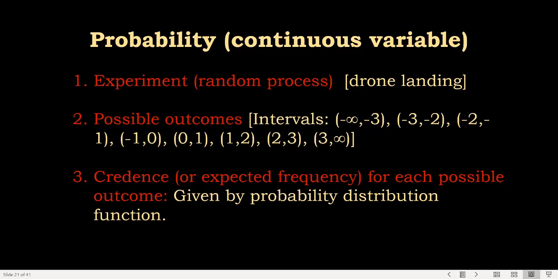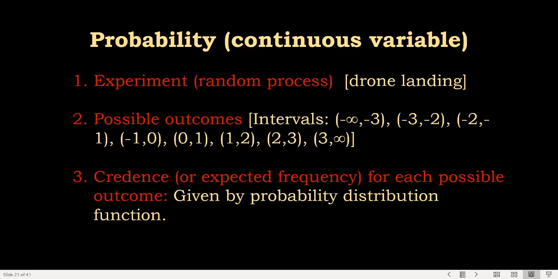After that we create intervals that have the same length. For example, from -3 to -2, then from -2 to -1, then from -1 to 0, then 0 to 1, then 1 to 2, then 2 to 3, and then 3 to infinity. So these are possible outcomes, but we can define them in different ways. This is just for convenience.